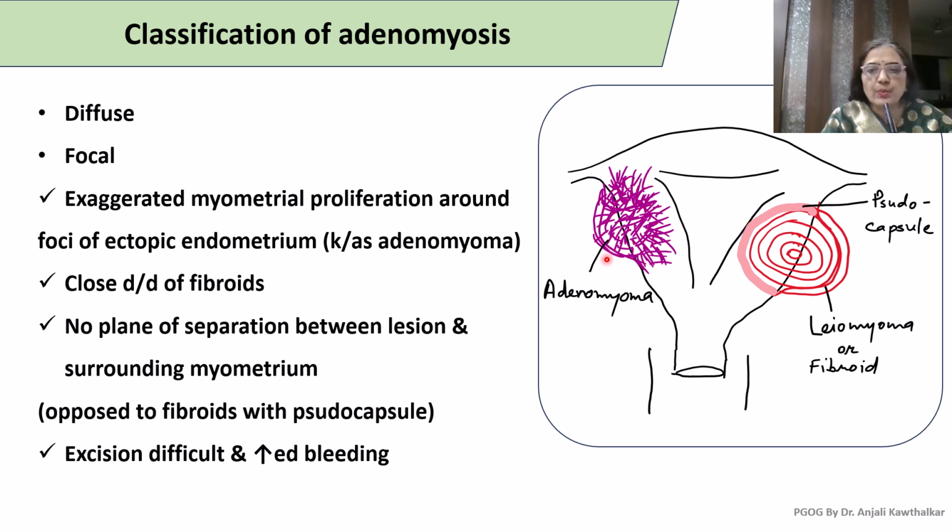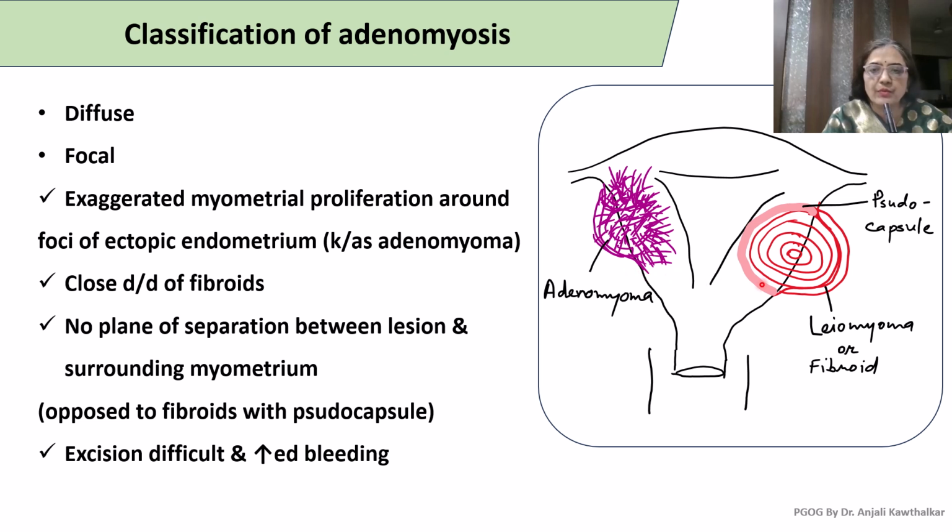It is the closest possible differential diagnosis for leiomyoma or fibroid uterus. Clinically it is sometimes very difficult to differentiate, and if we go only by ultrasonography, then sometimes even when we start doing myomectomy, that is the first time we realize that our diagnosis is wrong.